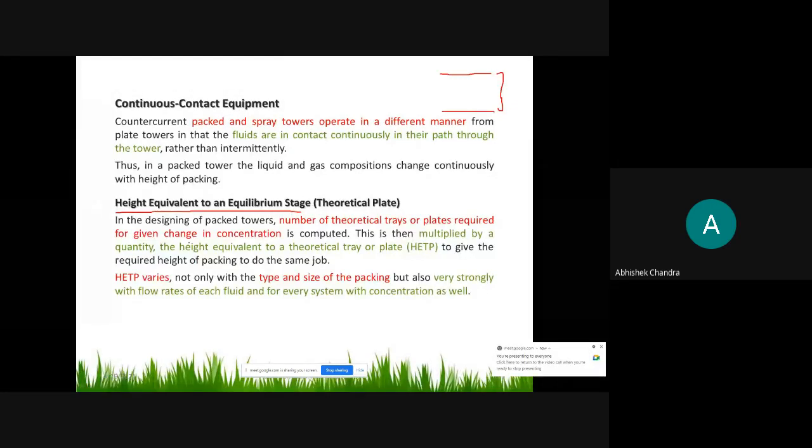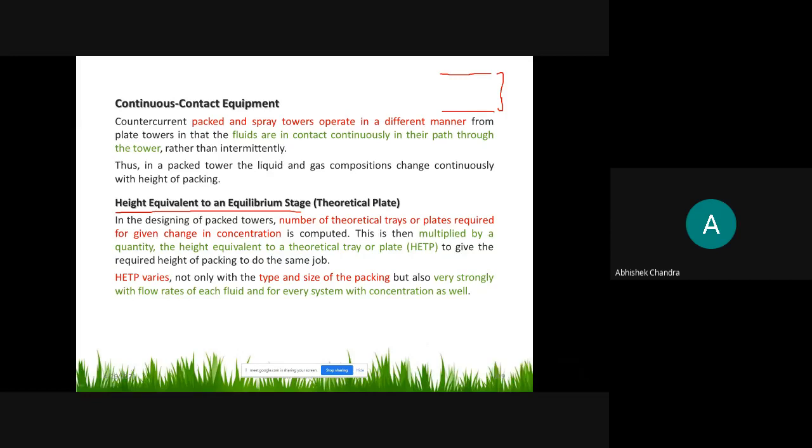So in the designing of a packed tower, the number of theoretical trays or plates required for a given change in concentration is computed. That is, how many theoretical trays. In the packed tower there are no trays, but we estimate how many theoretical trays are required for a given operation, that is, for a given change in concentration.